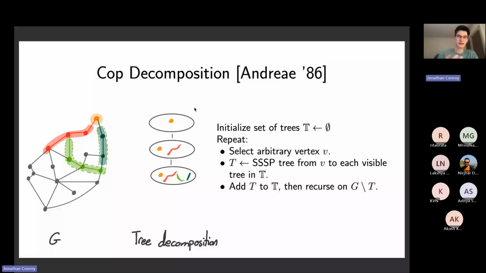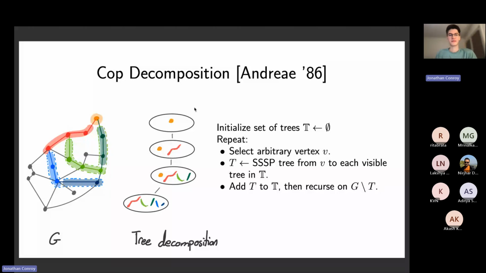Okay, at this point some paths get cut off from the rest of the graph. So now this orange vertex is no longer visible to this large connected component of G. And so when you select the next vertex and draw paths, you only draw these paths to the paths that you can see.